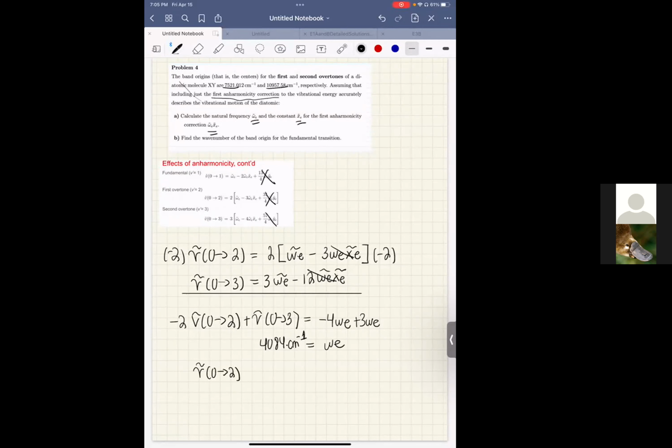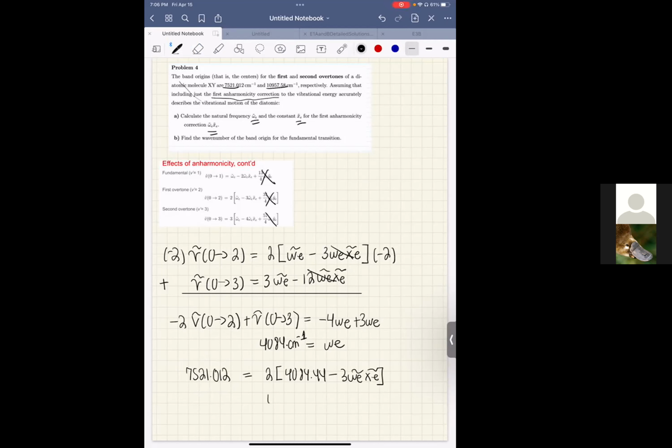Then 2 times whatever we solved for ωe, which is 4084.44, minus 3ωeXe. Let me plug in the first overtone, being 7521.0.